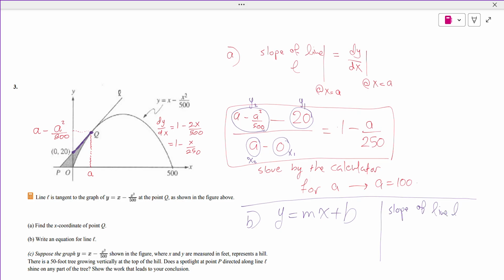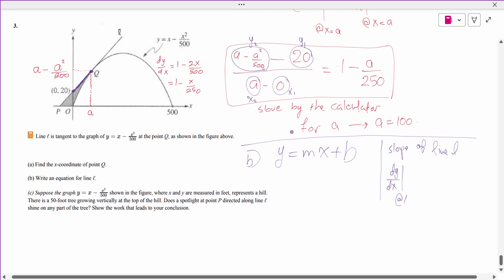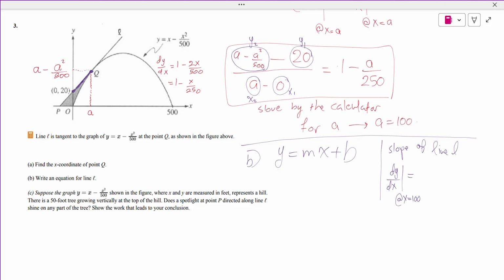We will find the slope, which is dy over dx at x equals A, which we already found, at x equals 100. It will be 1 minus 100 over 250. This is 3 over 5, so this is 0.6 or 3 over 5. This is the slope of line L.